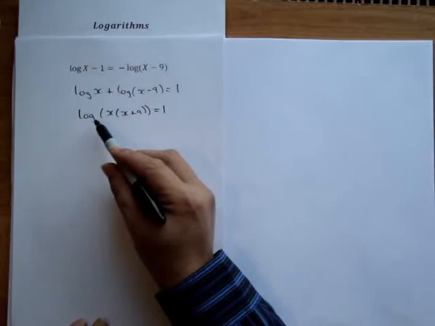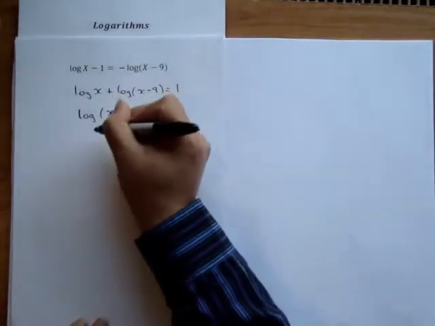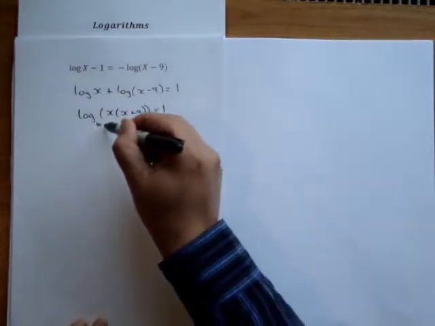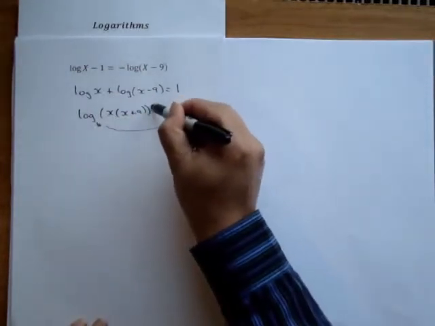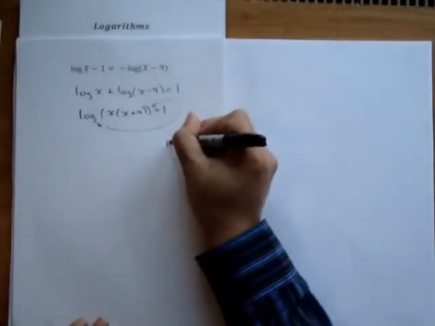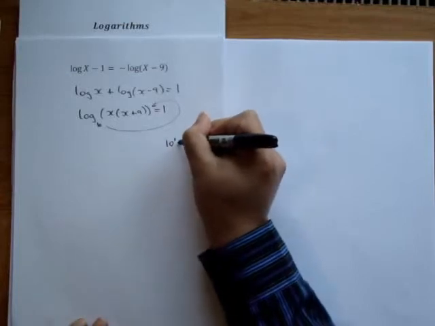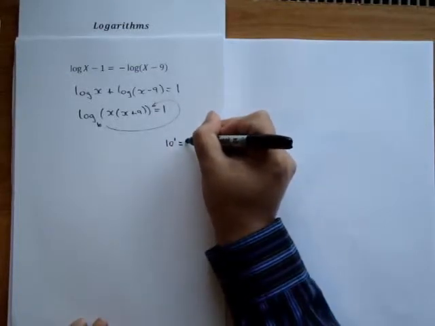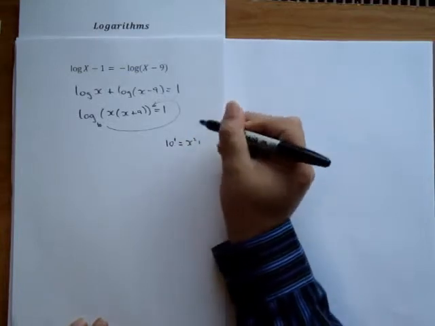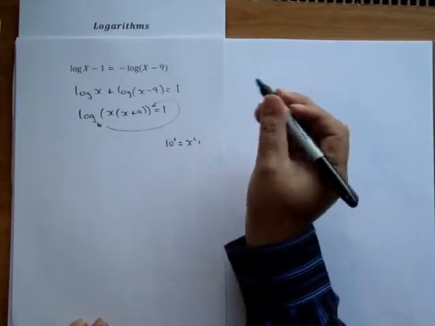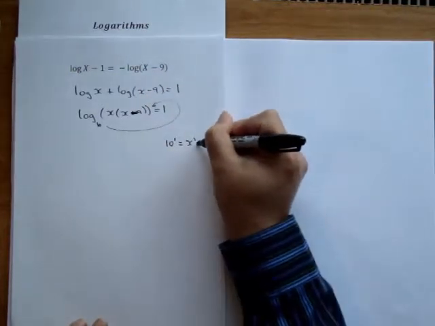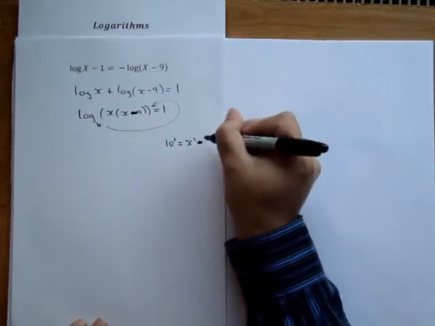Now this log is log base 10, so if we take this using our log law, this becomes 10 to the power 1 equals x squared plus, minus, sorry, that should be a minus, x squared minus 9x.